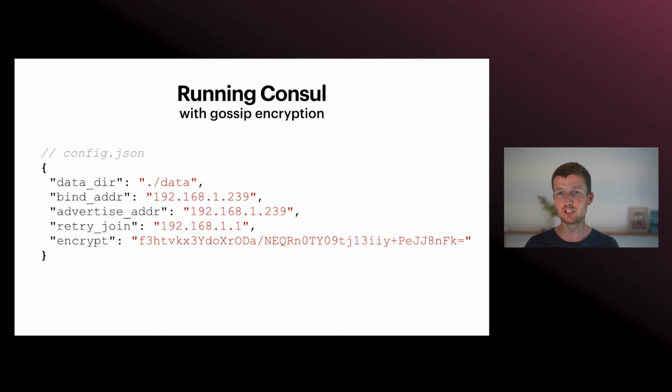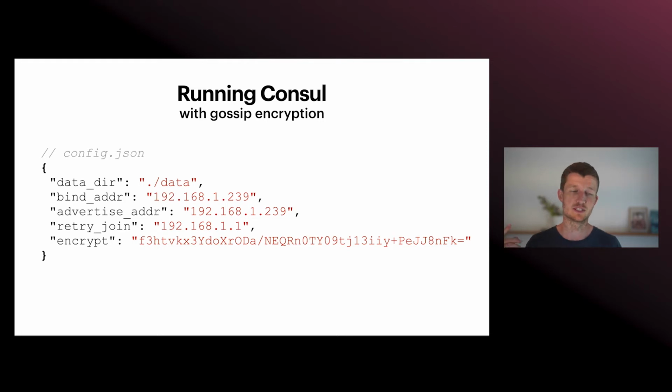This configuration has an encrypt key, the encrypt stanza and then something. This is running Consul with gossip encryption turned on. Consul has multiple layers of communication. One, the lowest layer, if I might say so, is our gossip protocol implementation.